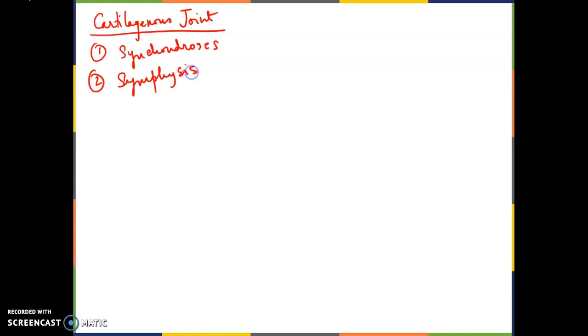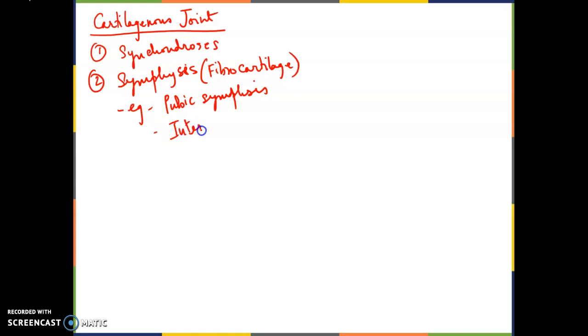We have talked about symphysis before, and symphysis is where we have a piece of fibrocartilage between connecting bones. A classic example is your pubic symphysis. Another example is intervertebral discs between the bones of the vertebrae.